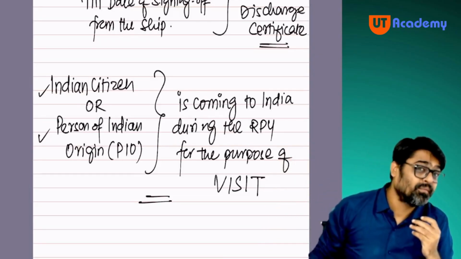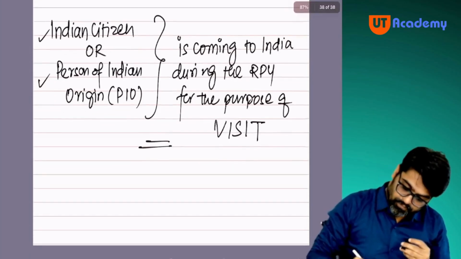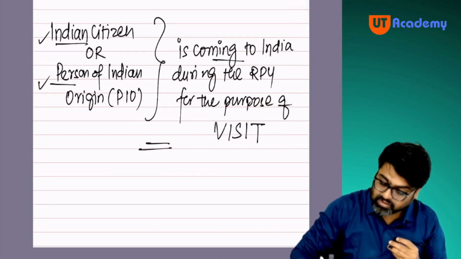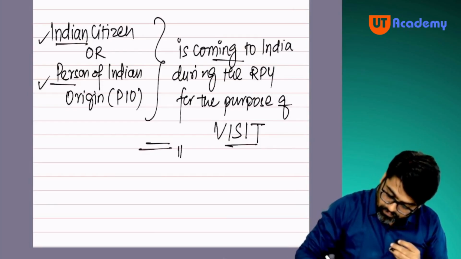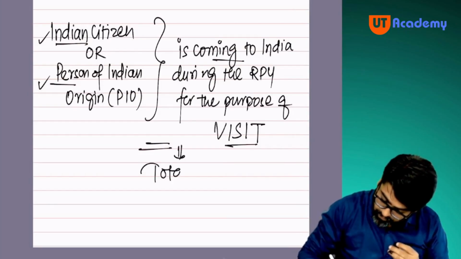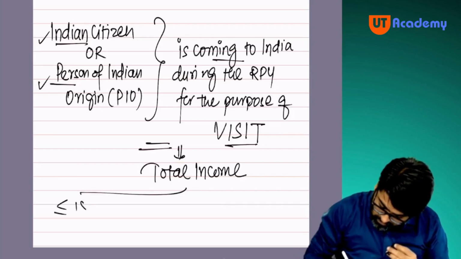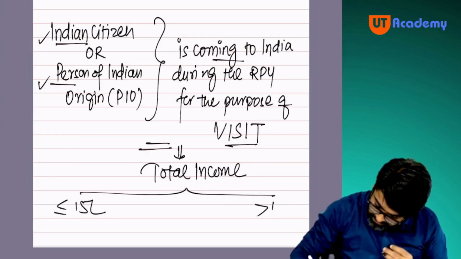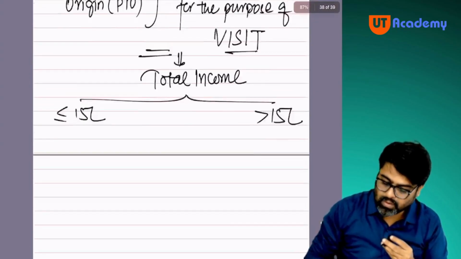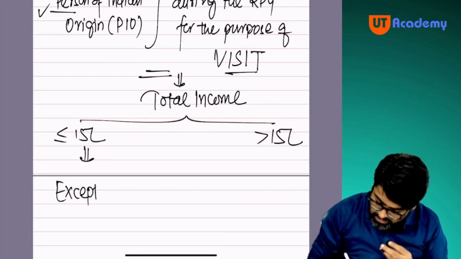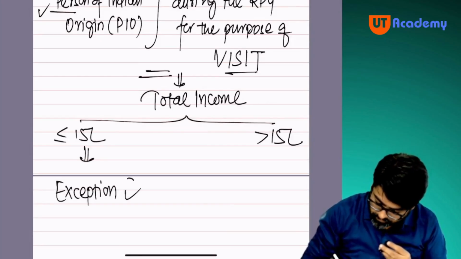So see, an Indian citizen or person of Indian origin coming to India during the relevant previous year for the purpose of visit, having total income less than or equal to 15 lakhs, or greater than 15 lakhs. What do I do? Come on, tell me. Less than or equal to 15 lakhs: covered by exception or not covered by exception?